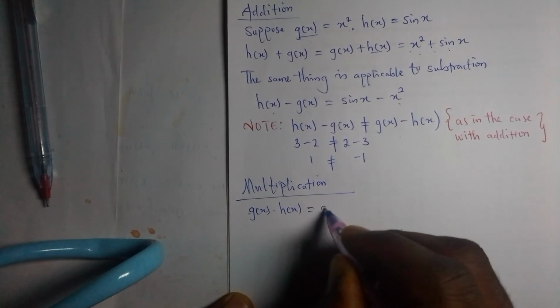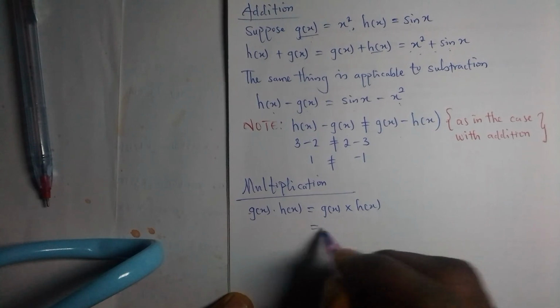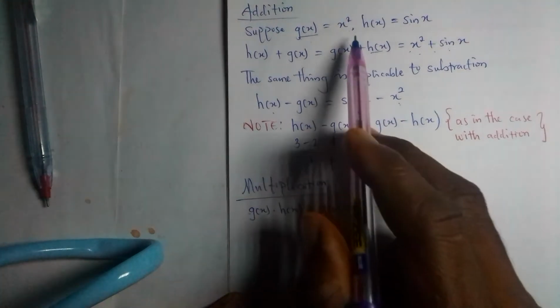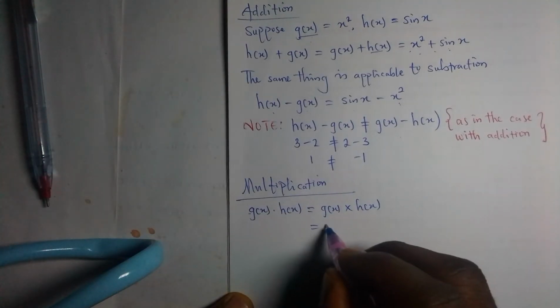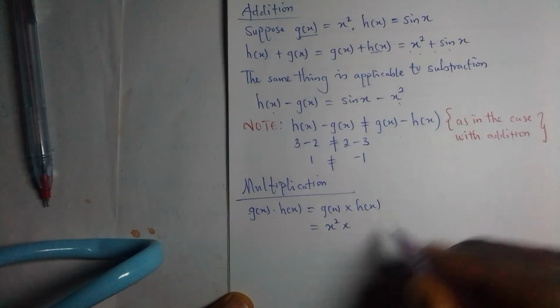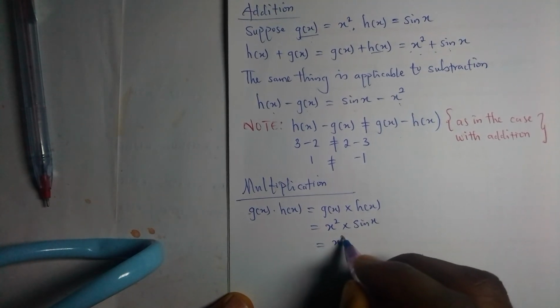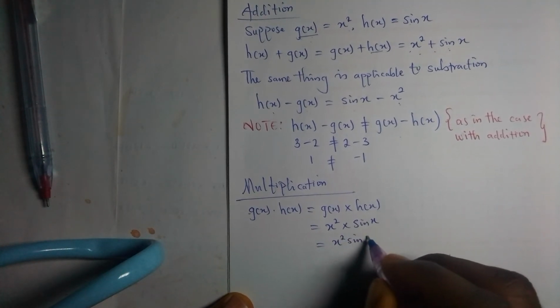This is g of x times h of x. So just like we know, g of x is x squared, so that becomes x squared times h of x, which is sine x, and this is x squared sine x.